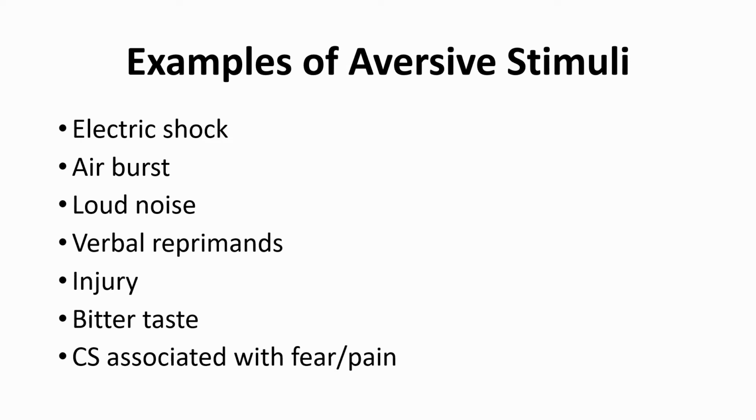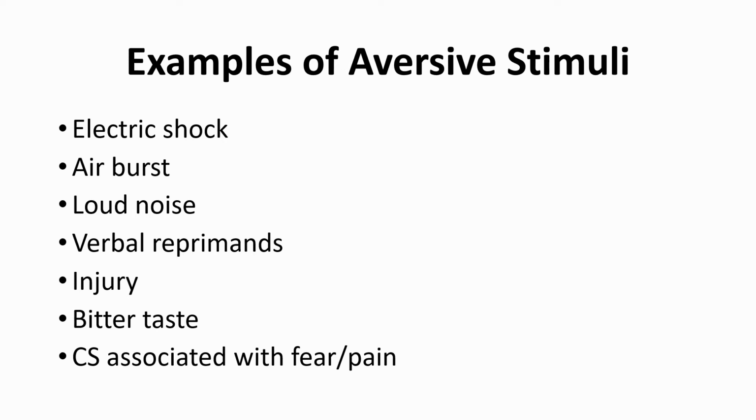Or we can use conditioned stimuli, something that has become associated with, say, one of these, with either fear or pain. But if you use a conditioned stimulus instead, then the individual is not consistently exposed to fear or pain directly. So as I've said, there are a lot of ethical considerations that need to be kept in mind when you're trying to decide on what kind of aversive stimulus to be using.